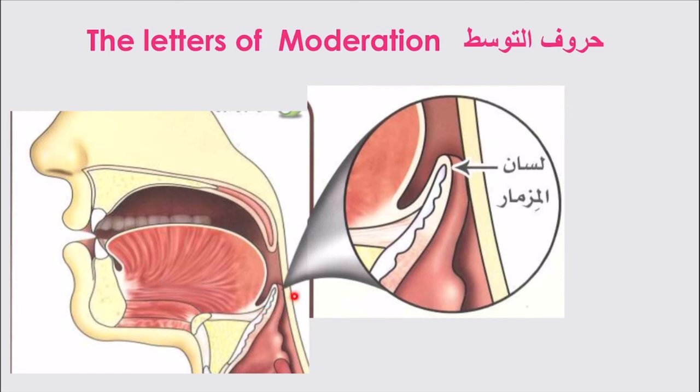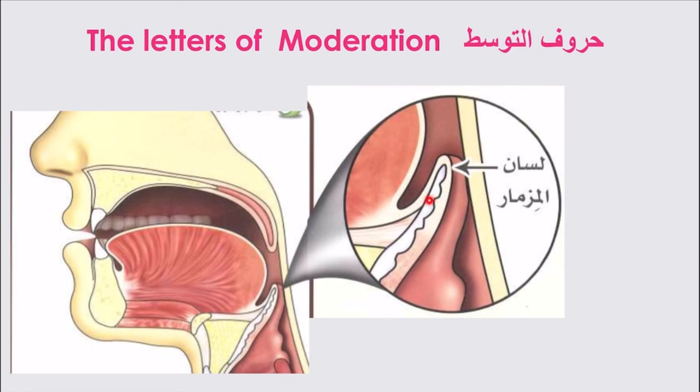So to make ayn properly, as you see here, just make this restriction on your throat. Move the sound up. Don't read it as a hamza, because by this you would cut the sound completely, which is wrong. Allow the sound to move up and do this restriction with your throat.